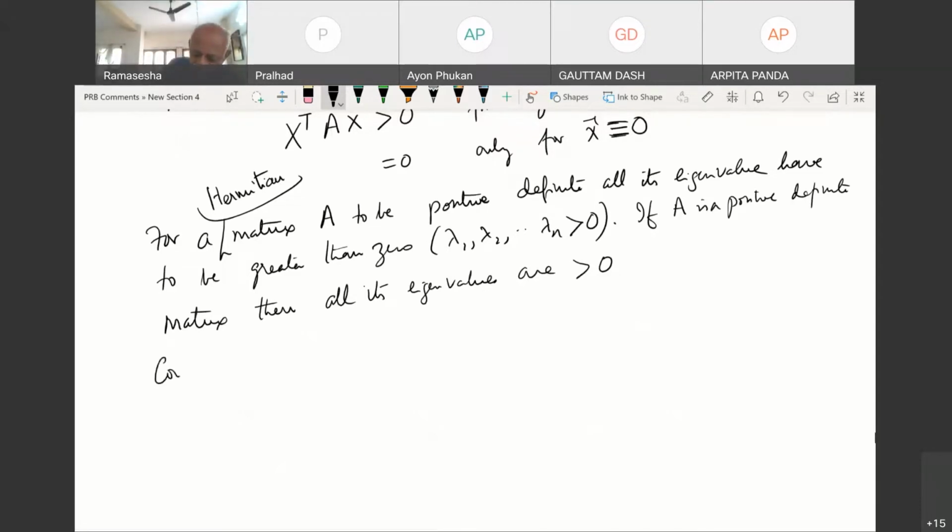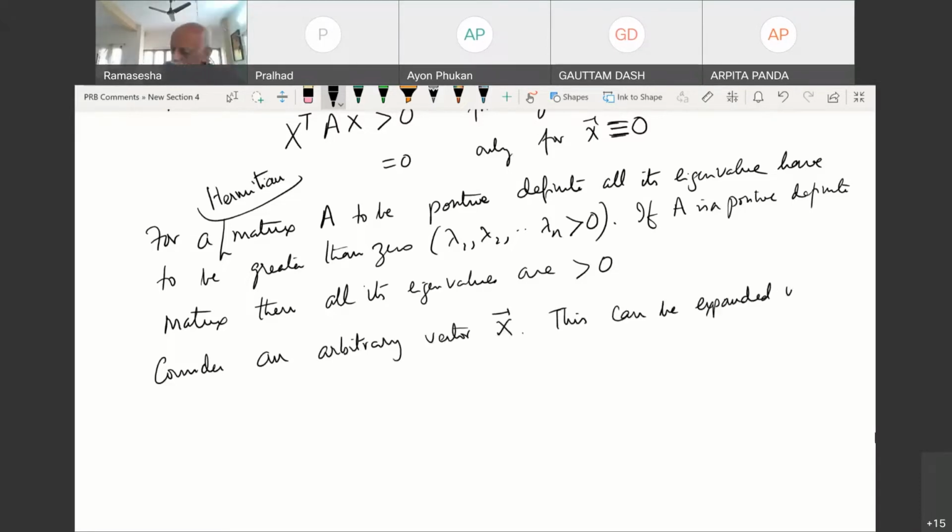So consider an arbitrary vector x, and the basis of the eigenvectors of A, because eigenvectors form an orthogonal basis.